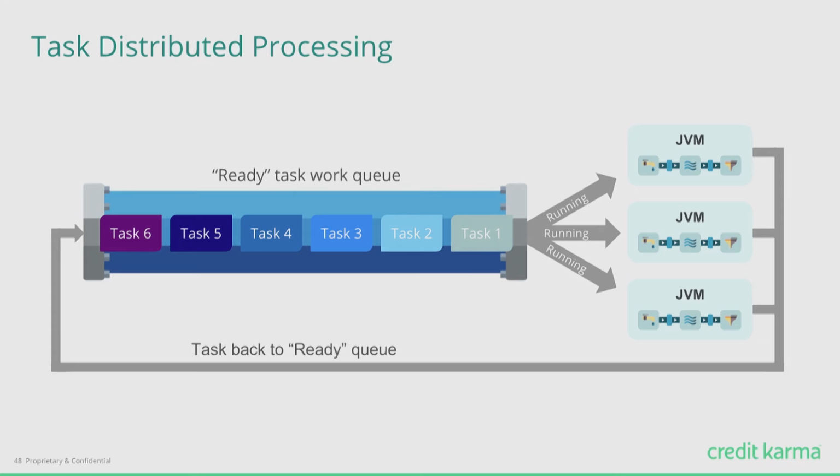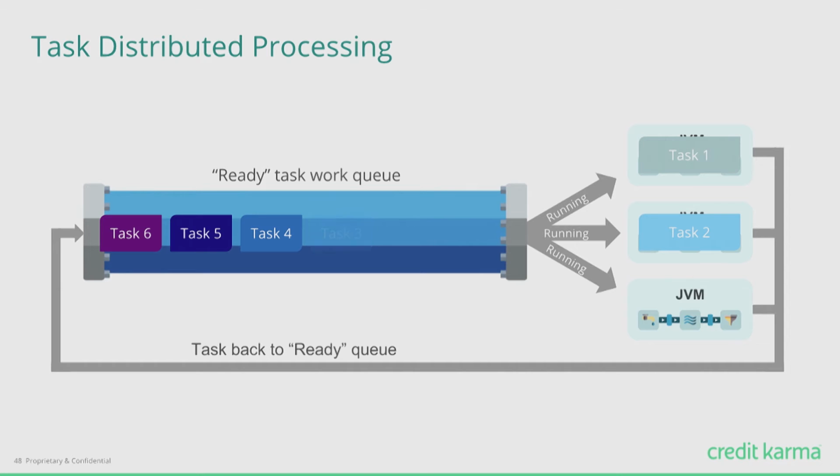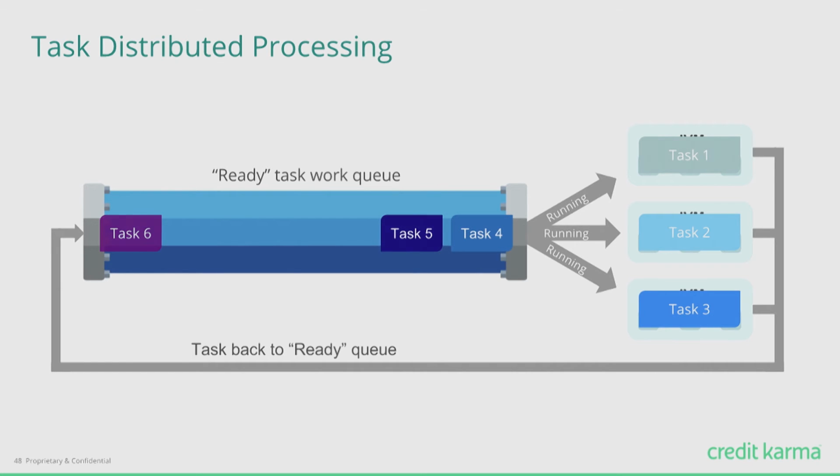This is how the work queue looks. Basically, we generate all those tasks in the work queue, and they will be ready to be picked up by any JVM in the JVM cluster hosting the Akka stream. And once the JVM is ready to run the next task, it will simply dequeue from this work queue and start running it.